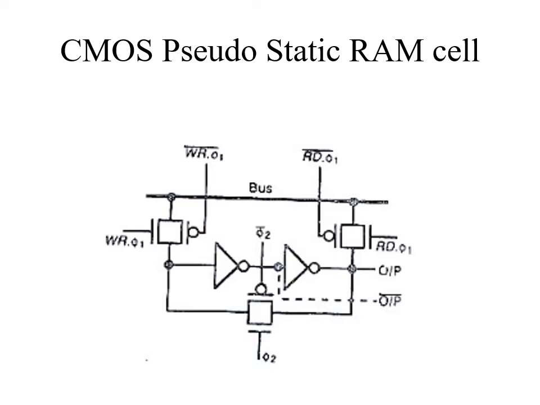A slight variation is done in the previous circuit, that is the CMOS pseudo-static RAM cell, whereas the previous circuit is the NMOS pseudo-static RAM cell. It is called NMOS because we are just using NMOS for read and write operation.